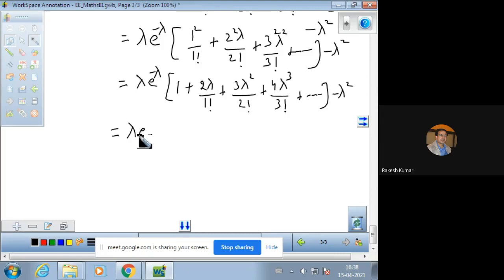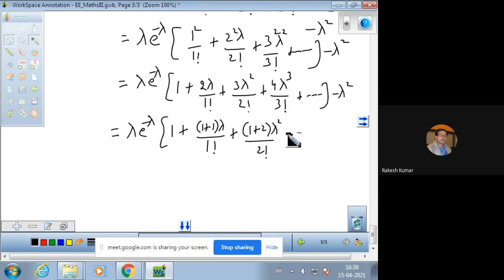And in the next step, that will be lambda e raised to power minus lambda, and the term we have, 2, can be written as 1 plus 1, into lambda over 1 factorial, plus 3 can be written as 1 plus 2, into lambda square upon 2 factorial, plus 1 plus 3 into lambda cube over 3 factorial, and outside there is a negative lambda square. So lambda e raised to power minus lambda.